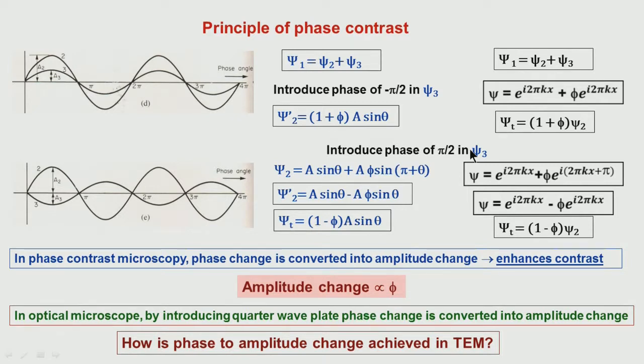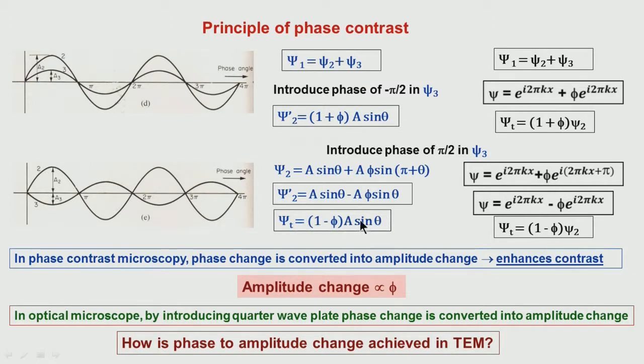Essentially, what a quarter wave plate does is this: this is the one corresponding to the scattered radiation, and this is corresponding to the direct radiation. This radiation which has undergone scattering, or diffraction, by introducing a quarter wave plate, to this wave alone we introduce another pi by 2 phase shift.